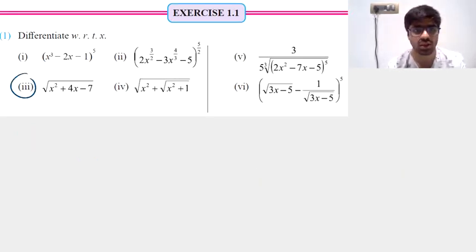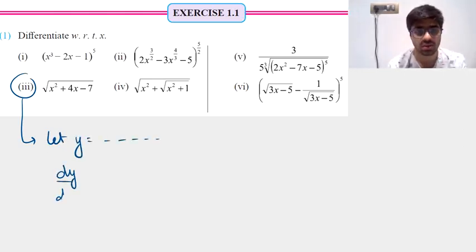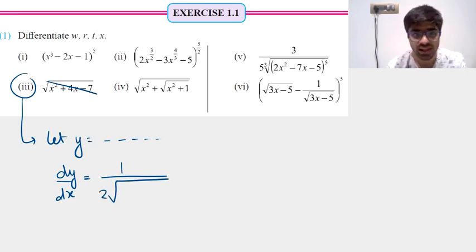In a similar way, continue with the third question. Let y be the given function. Think over it: this is like root over x. The derivative of root over x is 1 upon 2 root x. So dy by dx will be 1 upon 2 root of (x square plus 4x minus 7).